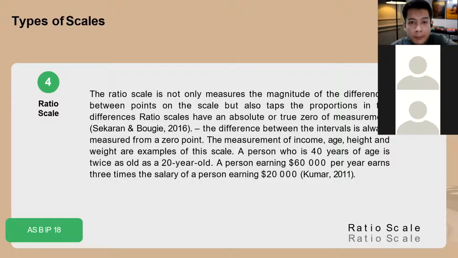The measurement of income, age, height, and weight are examples of this scale. A person who is 40 years of age is twice as old as a 20 year old. A person earning $60,000 per year earns 3 times the salary of a person earning $20,000. Next slide.